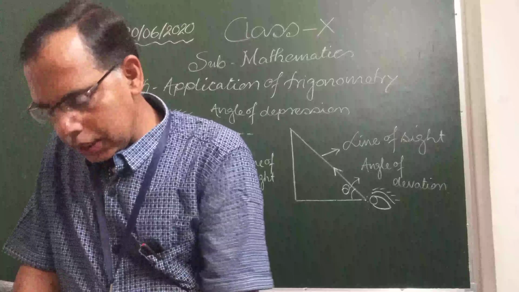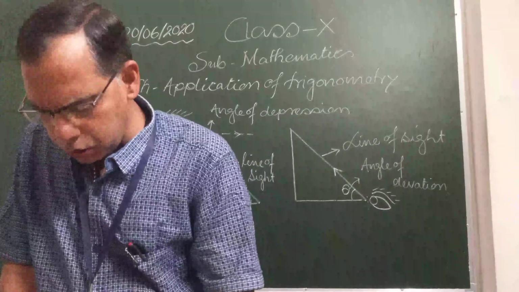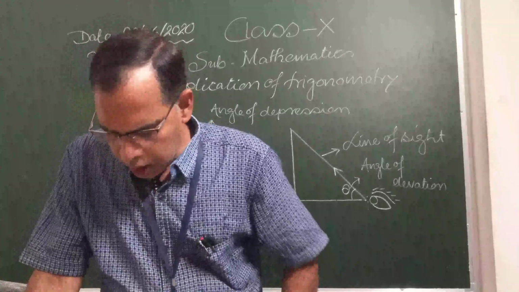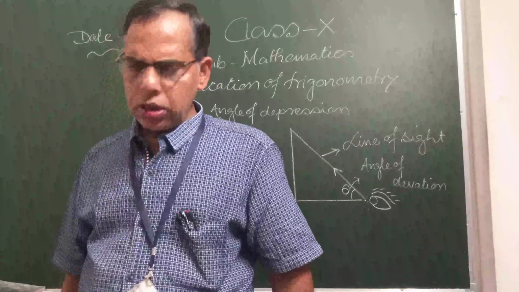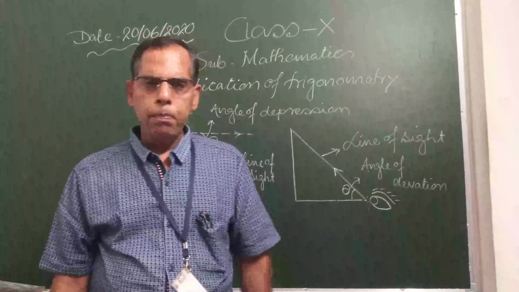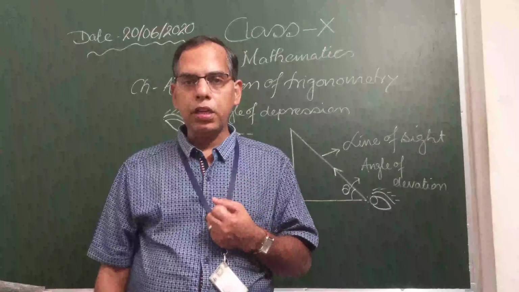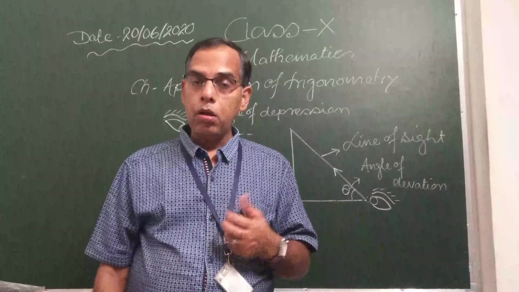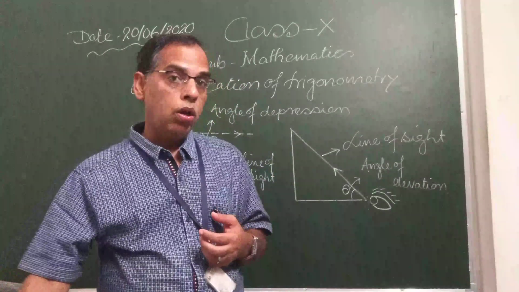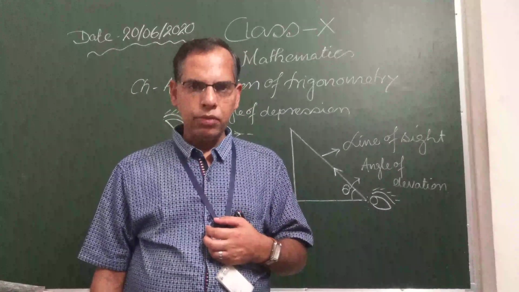So now let's see how to use this in our exercise. In the exercise, the very first question is that you see a circus artist. Circus is a very, very interesting part of our life where we can see various activities shown by the people or by the animals, where we can see amazing activities.